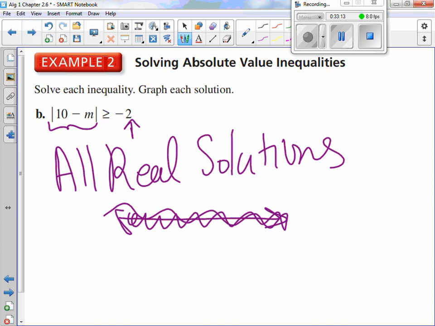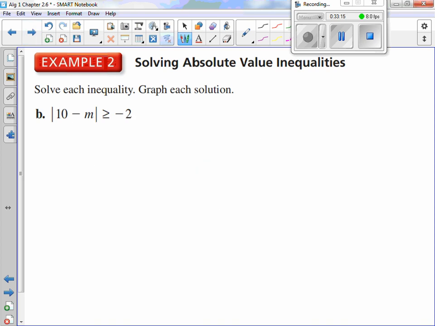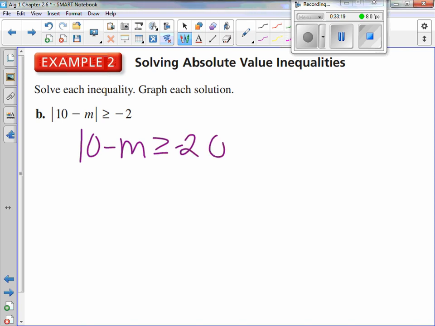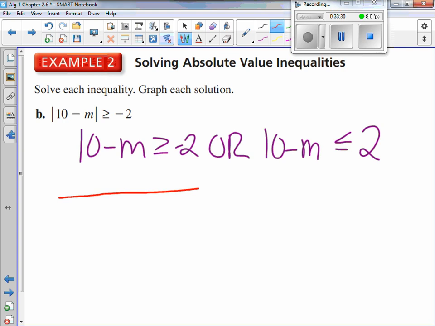Okay. So I'm going to have y'all watch this, 10 minus m. I'm going to go on and work this out. Because here, our first thing would be to subtract 10 from both sides, yes?